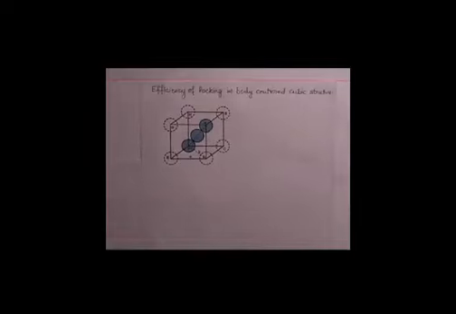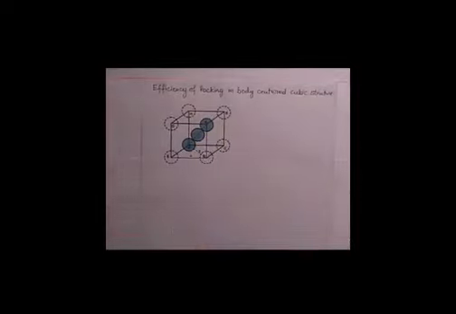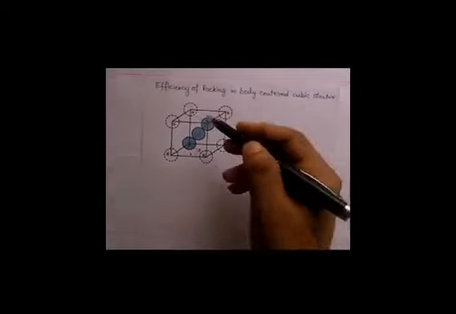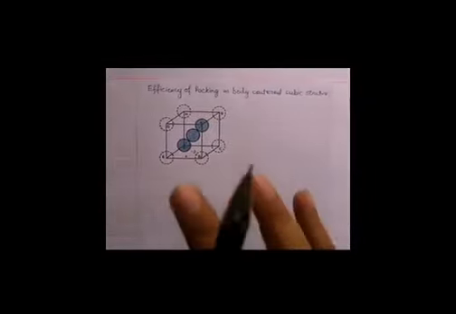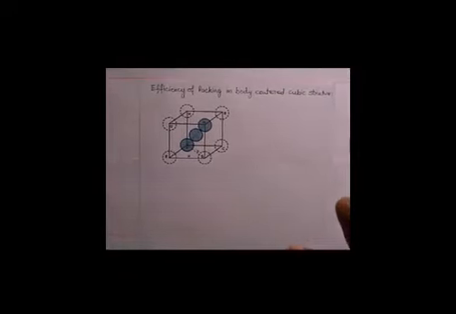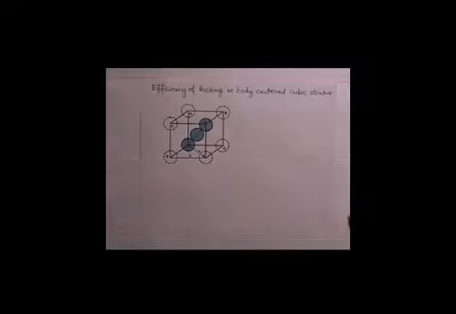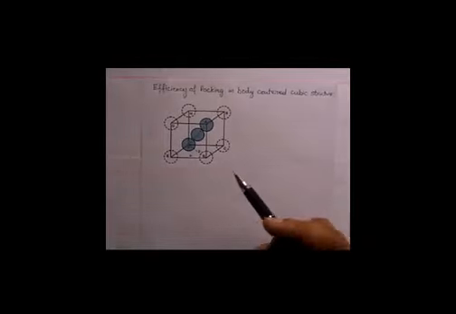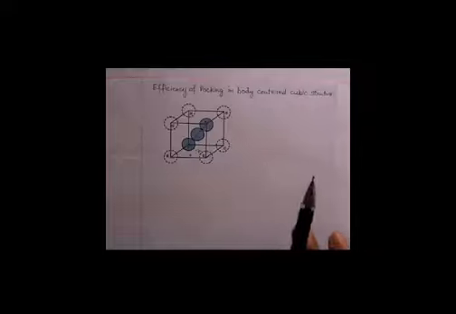Now let's calculate efficiency. In a body-centered cubic unit cell, one atom is present in the body center, this one, and apart from that, 4 atoms are at the corners. Their total contribution will come to be halved, so that the total number of atoms present in a body-centered unit cell is equal to 2.